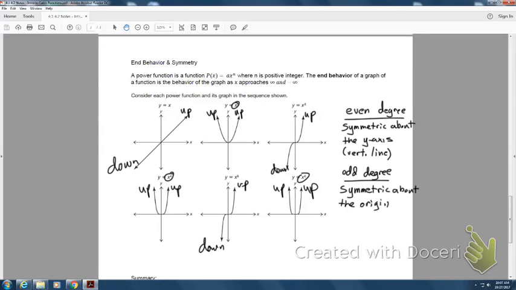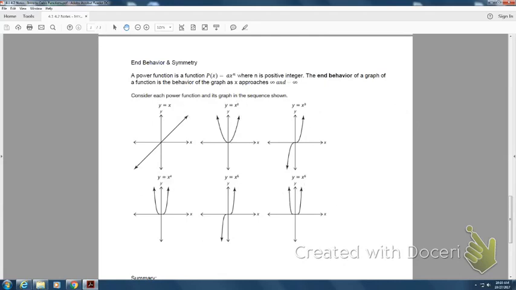But again, if it's moved, they can be symmetric around any one point. So make sure you get those two little notes written about that.